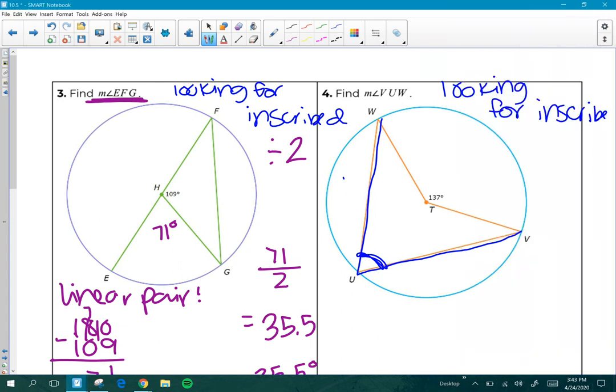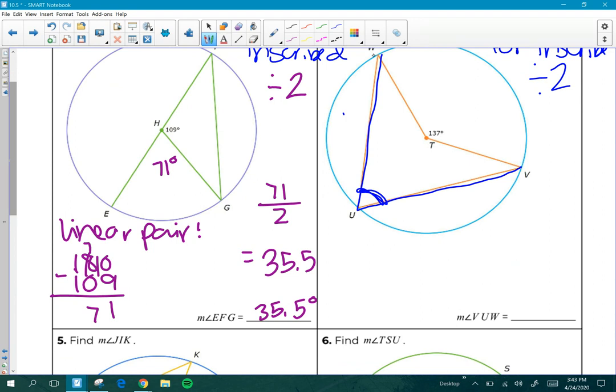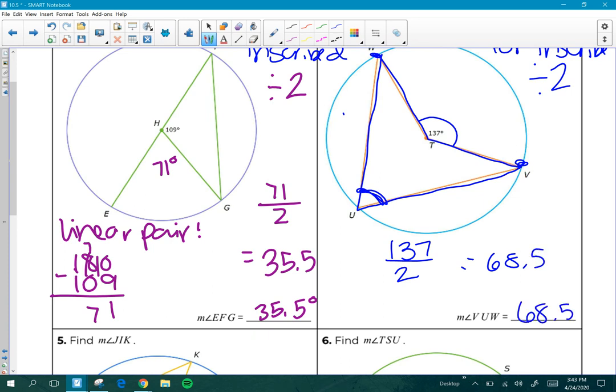When I'm looking for the inscribed angle, I have to divide by 2. Luckily, I already have my central angle, right? Looking from W to V, I have this central angle of 137. So I'm going to do 137 divided by 2, plugging it in the calculator, and that gives me 68.5. So this is 68.5 degrees.